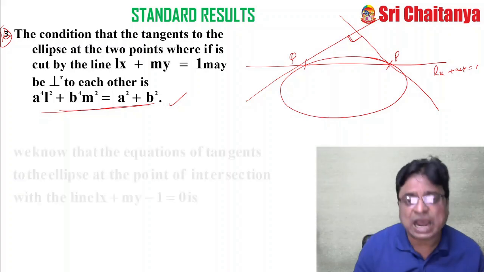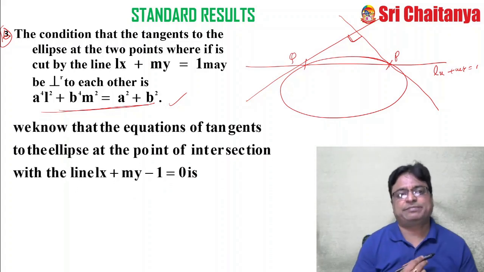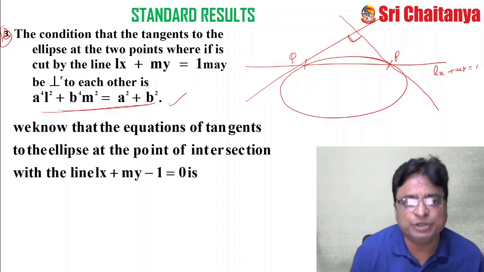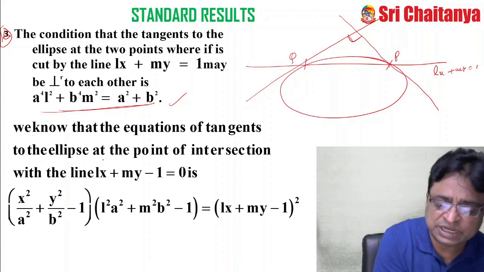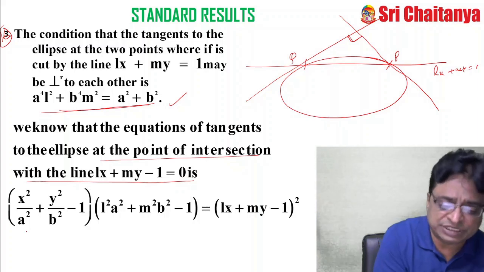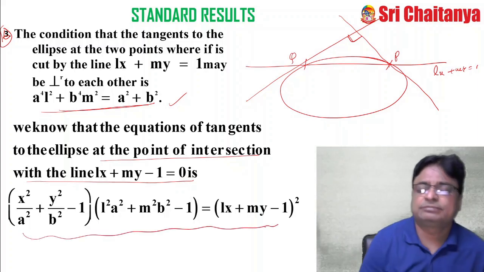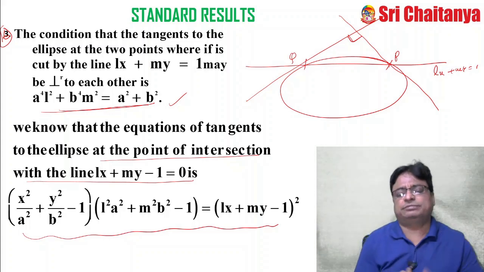So for that, I am now giving a beautiful equation for you. You please practice. What is that? We know the equation of the tangents to the ellipse at the points of intersection with the line lx plus my minus 1 equal to 0 is this. You have to practice. If you know this formula, the problem is nothing for you.